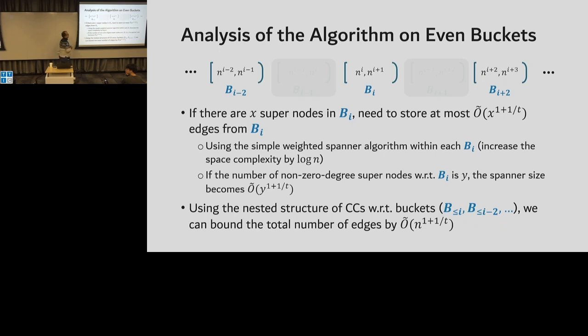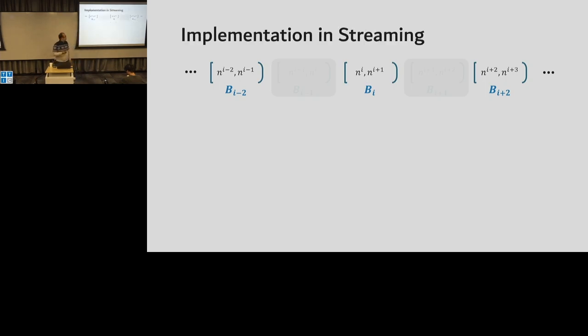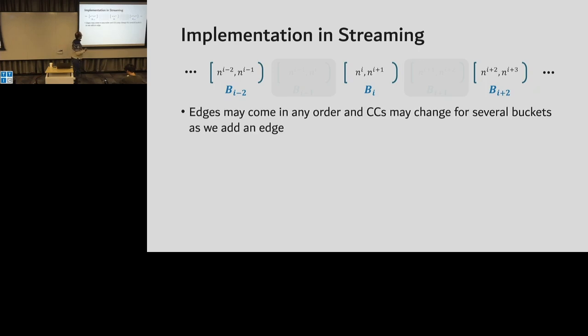I hide some of the technicalities, but this is the high-level thing that we do, and this is the final bound that we get. So for even buckets, we get these bounds, so we can construct a spanner of that size, and we repeat the same thing for the odd buckets and get the same result. And so in total, we have just order of n to the 1 plus 1 over t, or O tilde of n to the 1 plus 1 over t.